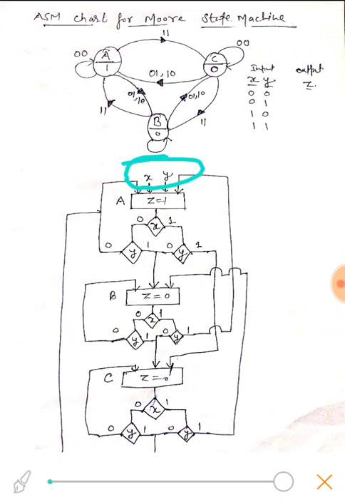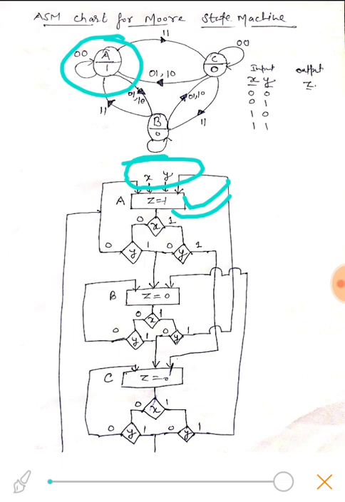So let's see, it is in state A, the first state, and as the output is also to be denoted in the circle, we have denoted the output in the state box itself, z is equal to 1.